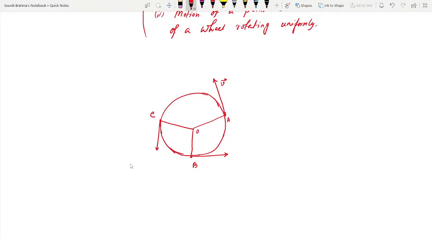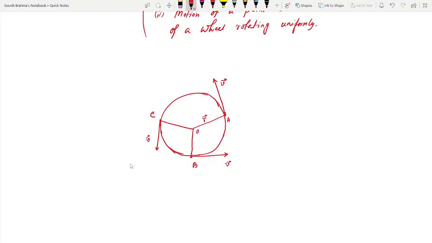we denote the velocity with this vector quantity, and you can see the direction is getting changed. O to A or O to C is actually the radius vector. Correct? Here should be another direction of the velocity. The magnitude of this quantity will be constant, but the direction gets changed.